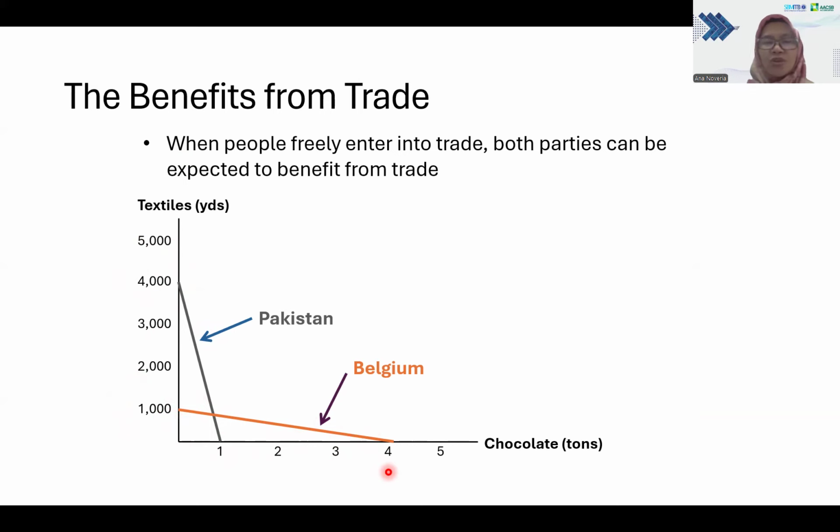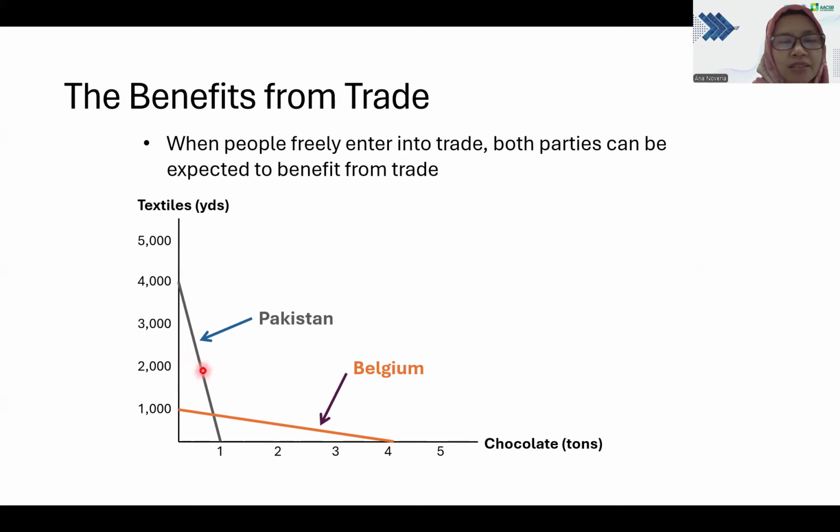Again, the concept of comparative advantage: if countries specialize in producing the good that they have a lower opportunity cost in, and the other country produces the other good, they can trade, and both of them can consume more.